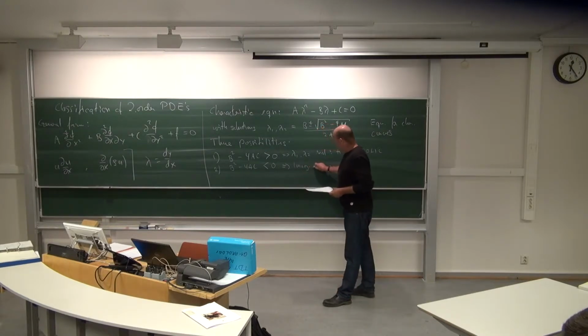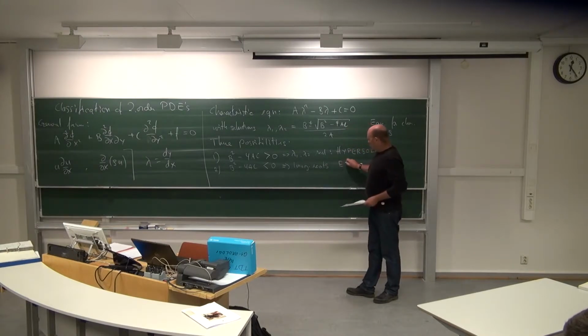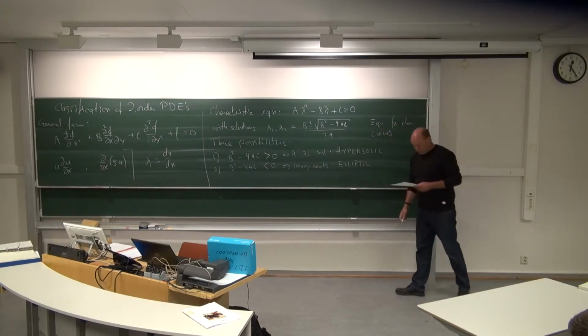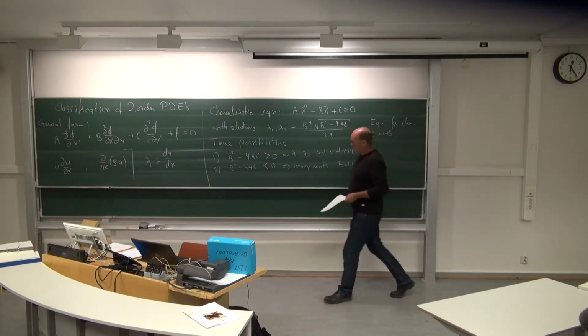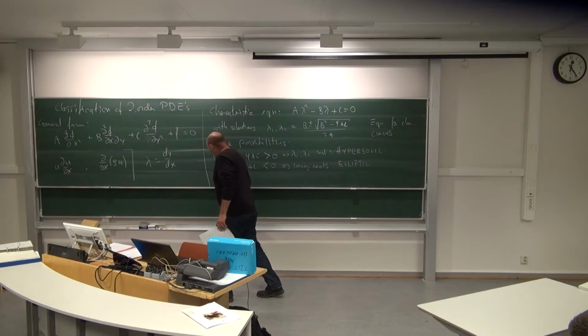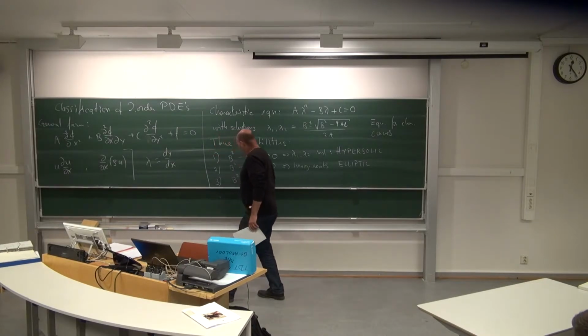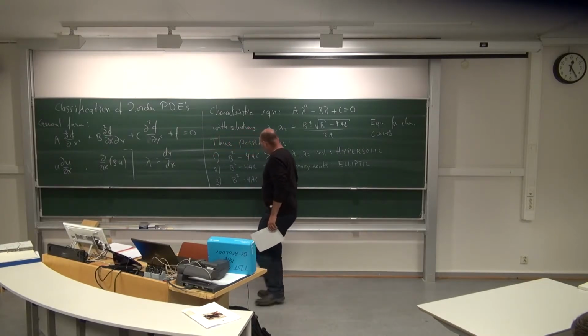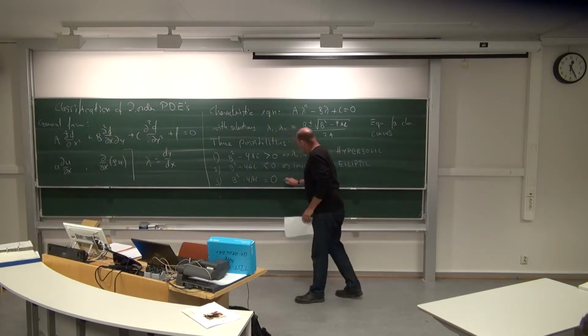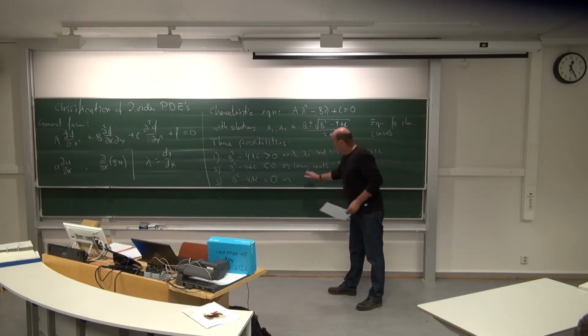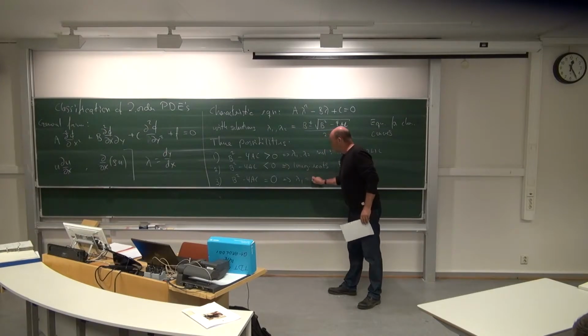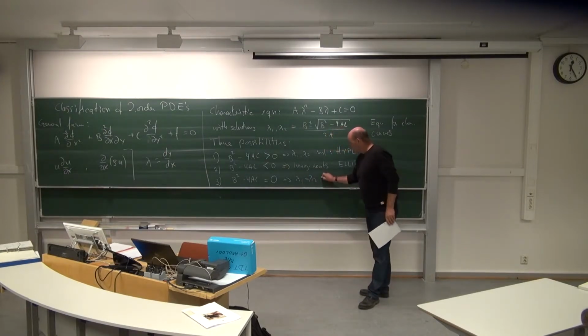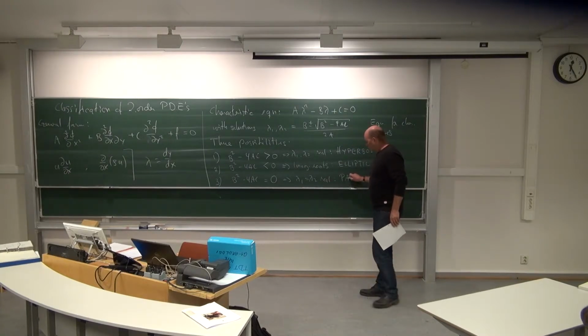This is what we call an elliptic equation. And finally, they're equal to 0. Then you have lambda 1 equals lambda 2, one single real root. Then parabolic.